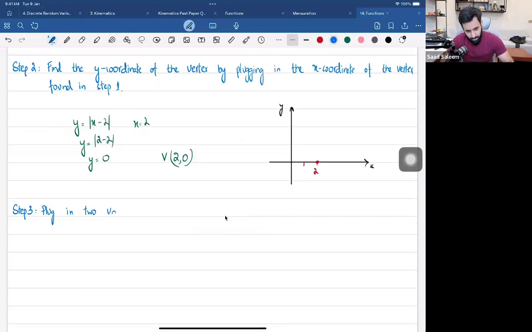Plug in 2 values of x greater than 2. Why 2? Because 2 is the x coordinate of the vertex. And 2 values lesser than 2 to find the points on the lines.